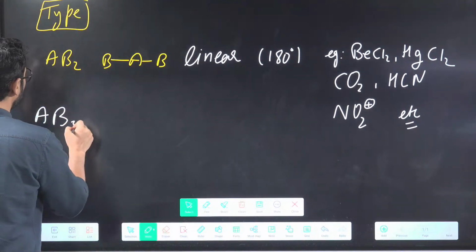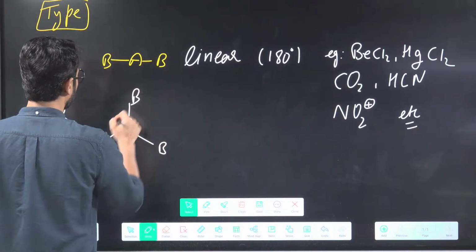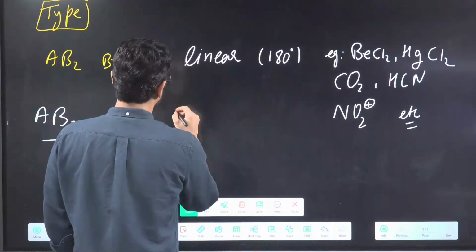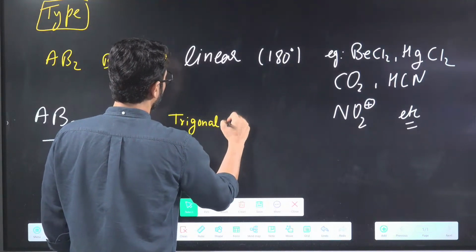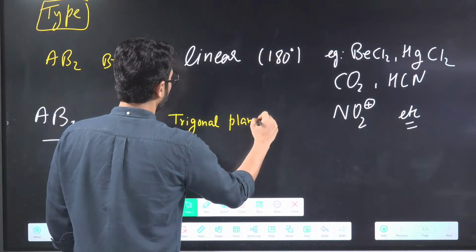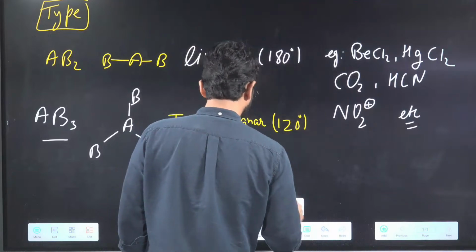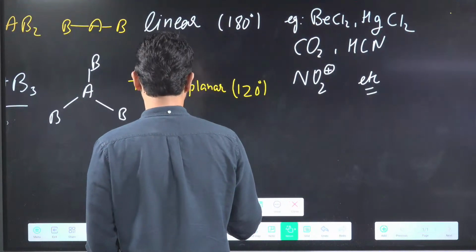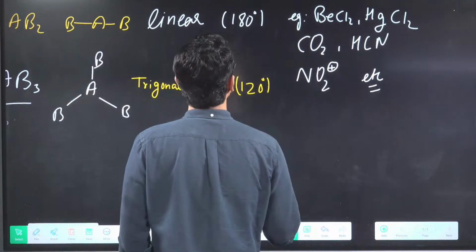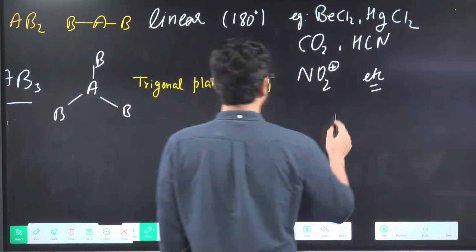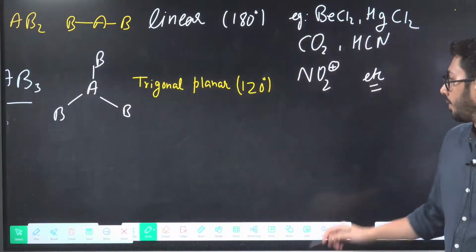Next one, AB3. Regular or molecular geometry is this one. It is trigonal planar. Already we have discussed it as regular geometry in hybridization. Bond angles all 120 degree. Example also you can write. Example, yes, BF3, very good.